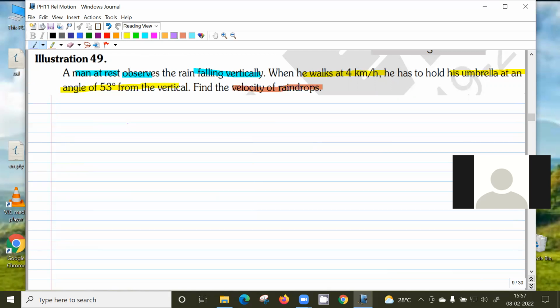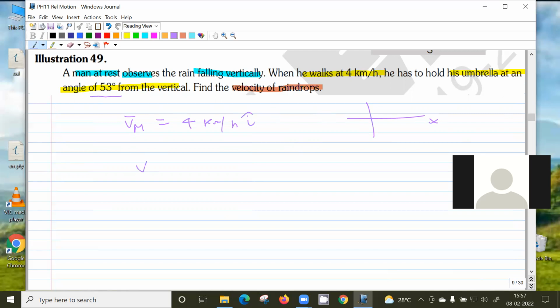See, velocity of man is given, right? Yes, sir. It's how much? 4 kilometers per hour. And what about direction? Let me assume it's moving on the ground, so let me assume this is the x-axis. So this will be in i cap direction. And this angle is 53 degrees with the vertical, right?